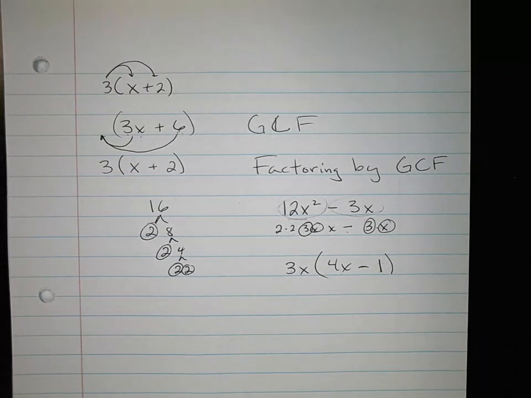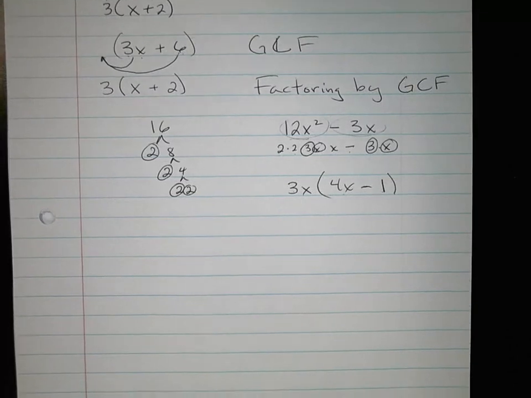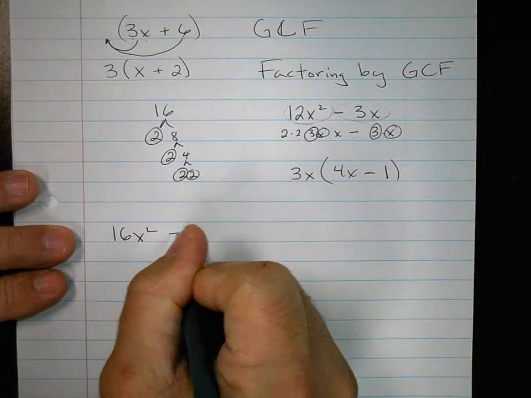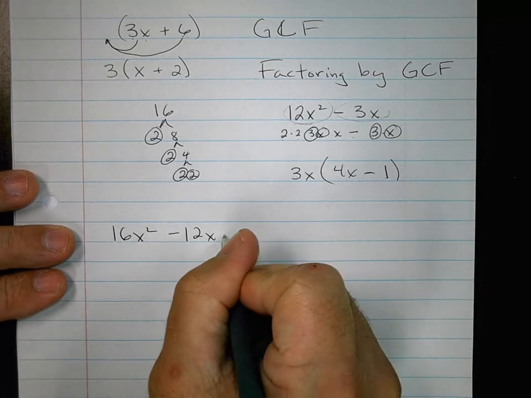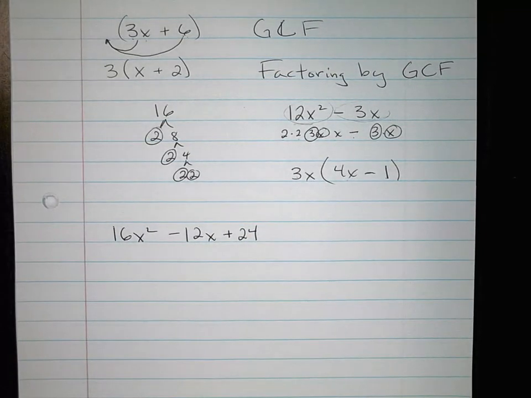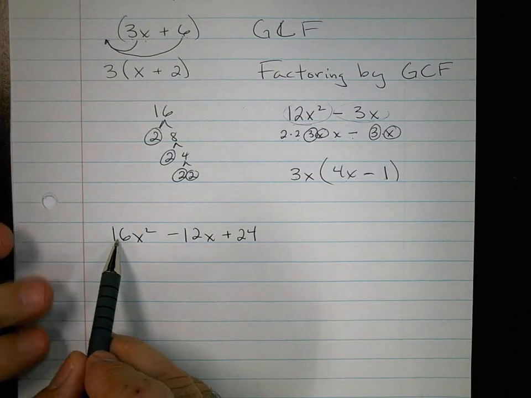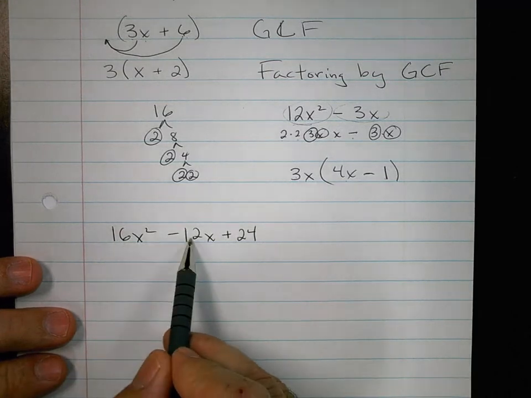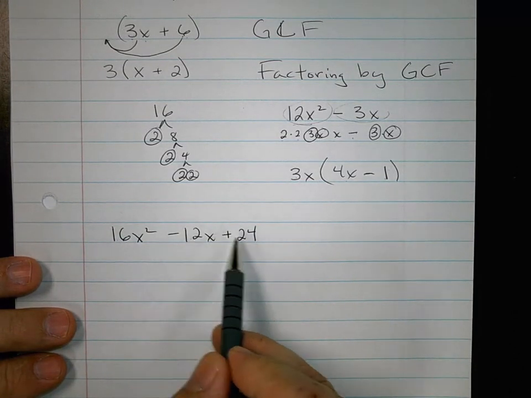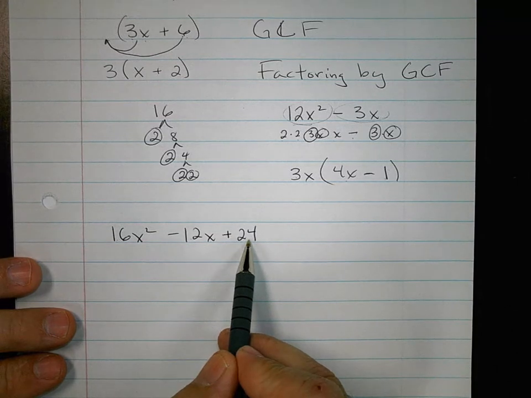Okay. One other way to think of factoring by GCF, let's go with 16x squared minus 12x plus 24. Okay, and let's see what each of those have to give up. Well, 16 is 4 times 4, and 12 is 3 times 4, and 24 is 6 times 4.